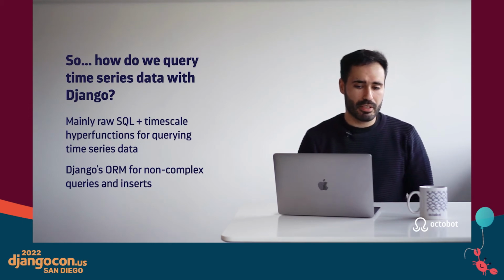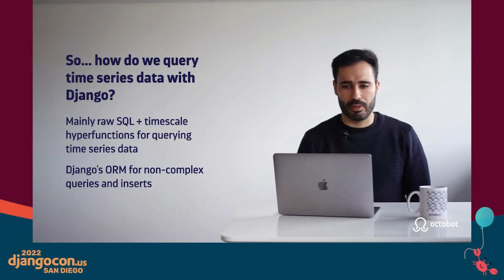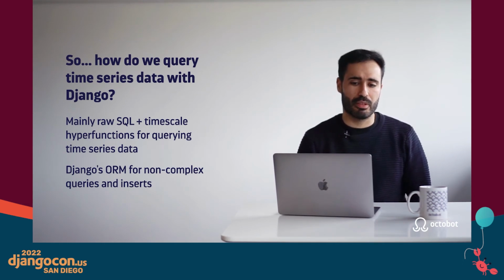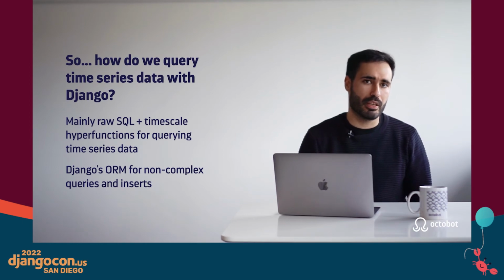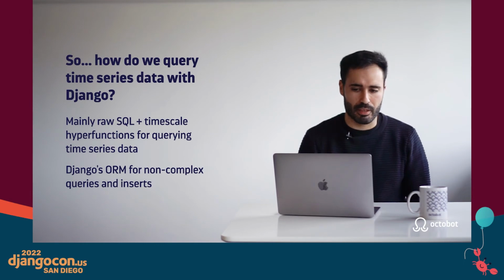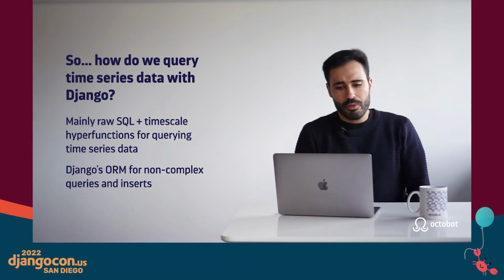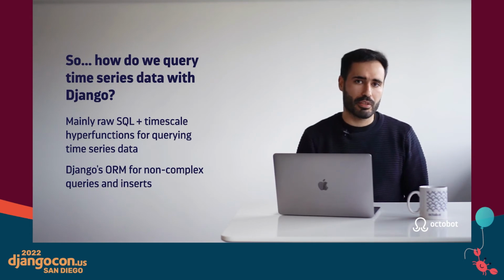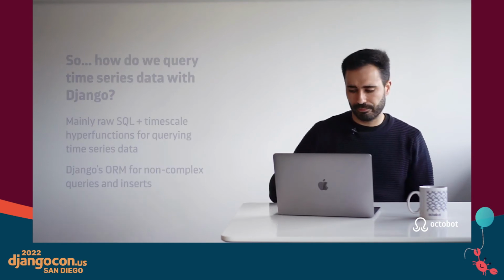One quick comment here is that when using raw SQL, you have to be careful with security stuff. For example, you will need to do input validation to prevent SQL injections and many other things. And then we use the power of Django's ORM for non-complex queries and inserts.